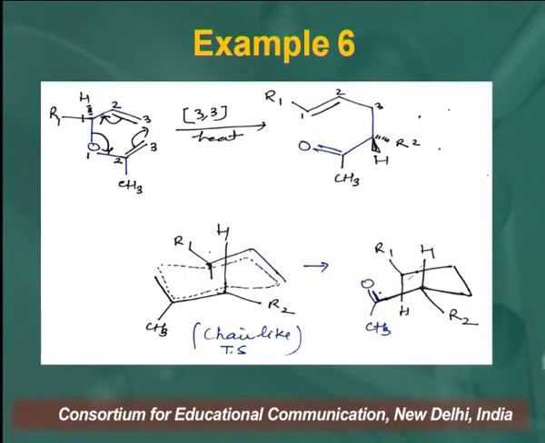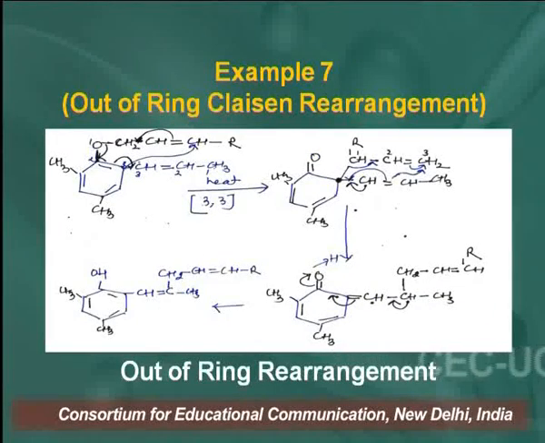Another important example of 3,3 sigmatropic Claisen rearrangement reaction is where there is again an allyl vinyl ether, and we get a chair-like transition state which is a very stable state, and we get here a ketone, and that ketone again tautomerizes to convert into the enol form.